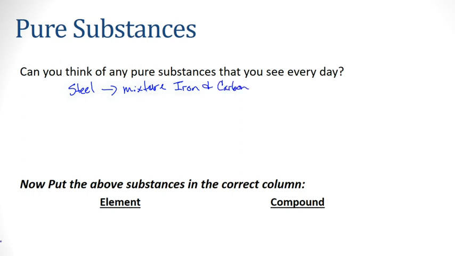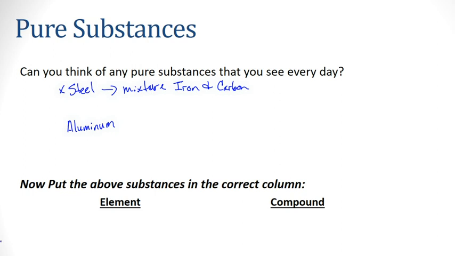Let's think of something else that would be pure. Cement. Cement's also usually a mixture, right? You got rocks and sand and Portland and water. Aluminum. Okay, so if you have a chunk of aluminum, that would be a pure substance. So I'm going to put an X beside steel because it's not really a pure substance, it's a mixture, right?